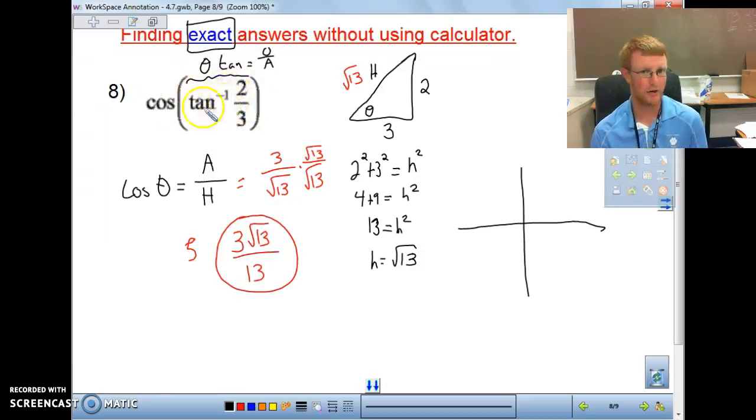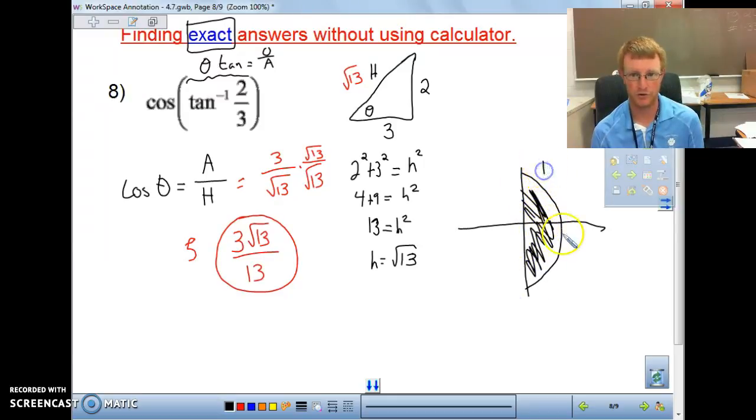We're not solving for an angle, so we do have to follow the domain of where tangent can be. We said that the tangent can only be on our right-hand side over here. So think about where tangent is positive. Is it in the first quadrant or the fourth quadrant? Tangent is positive in the first quadrant, which means that the cosine is going to have to be in the first quadrant as well. So the answer has to stay positive in this case.